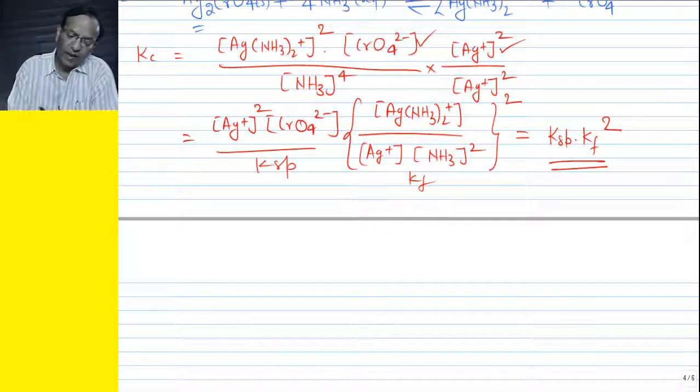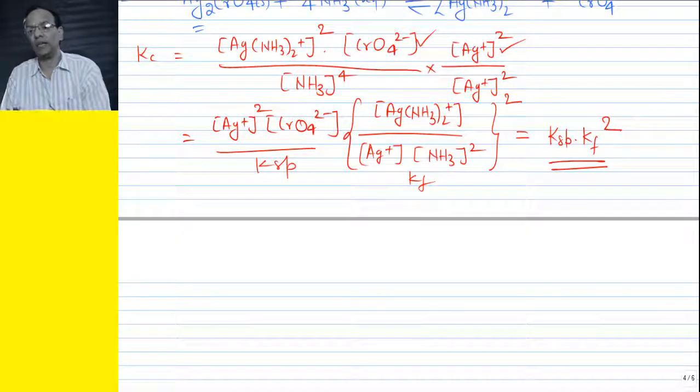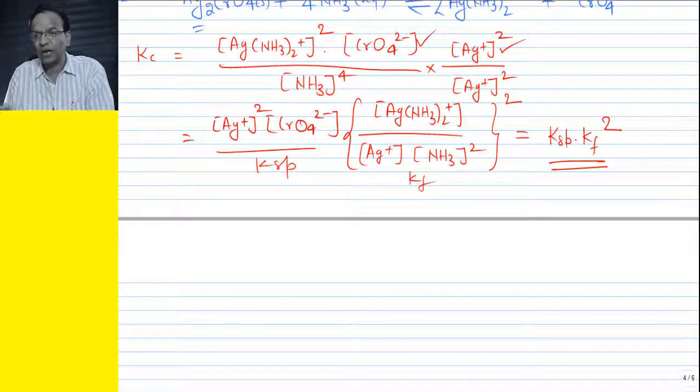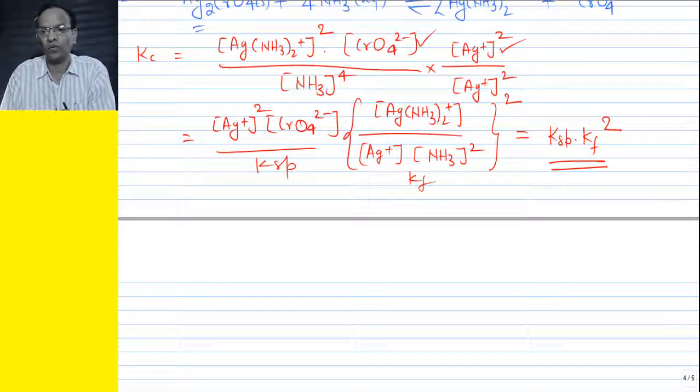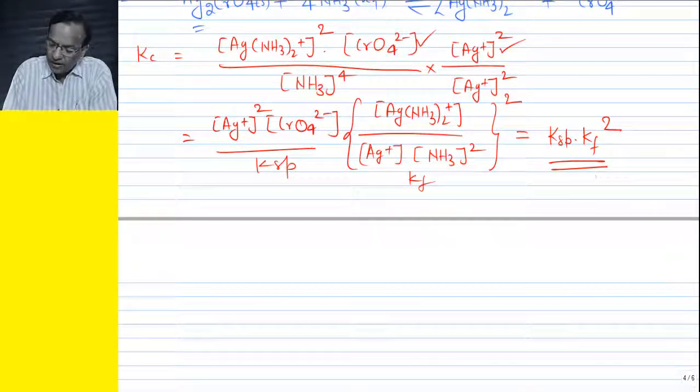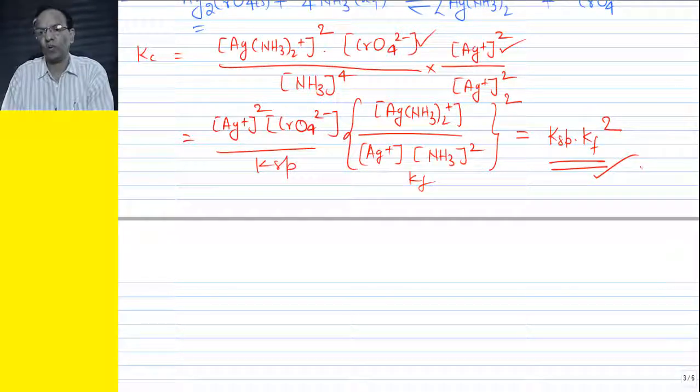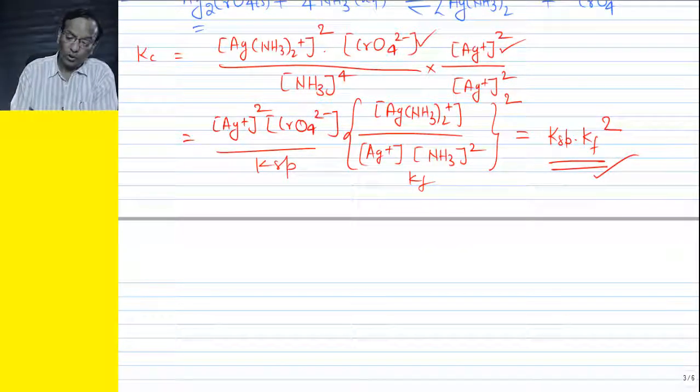So I reminded in the beginning that this Kc should not be taken for granted as Ksp into Kf. It will have to be derived independently for each salt. And now for this salt, it is derived as Ksp into Kf square.